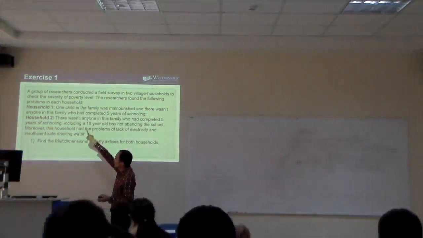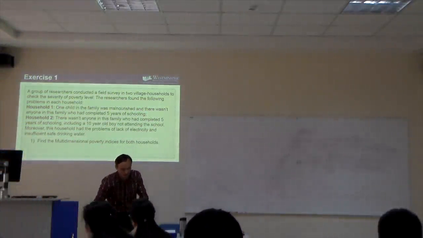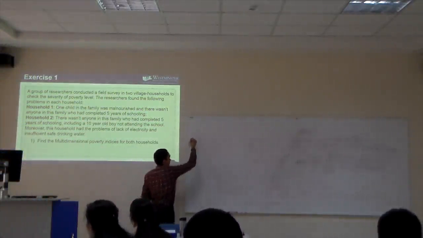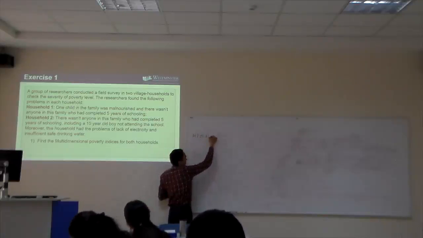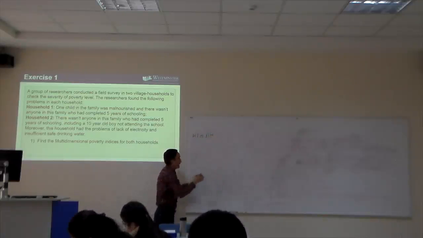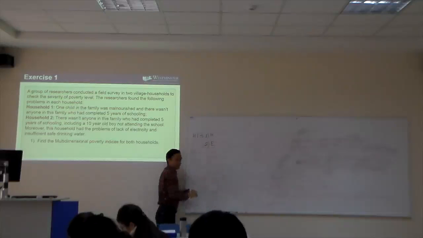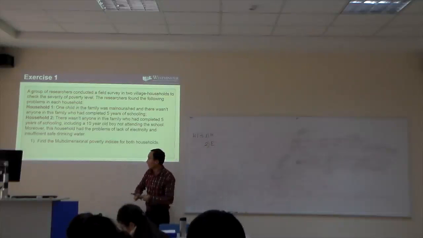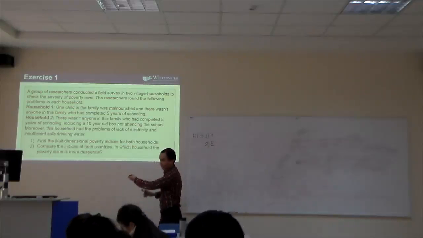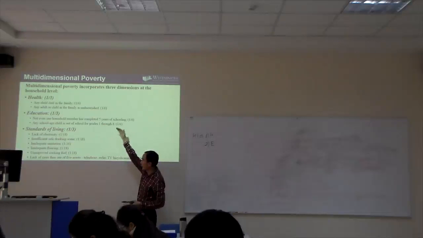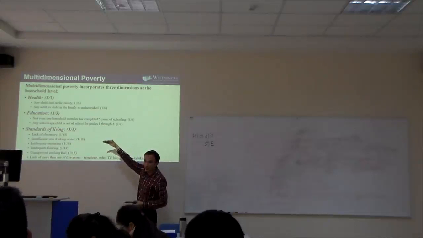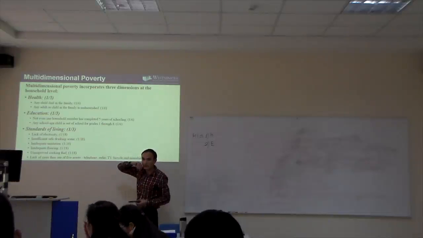So, in household 1, what kind of problems did they find? In household 1, the first problem was with health, and the second one is with education, right? Okay. So now, if we look at this subdivision and the weights of each category, then we can easily calculate.